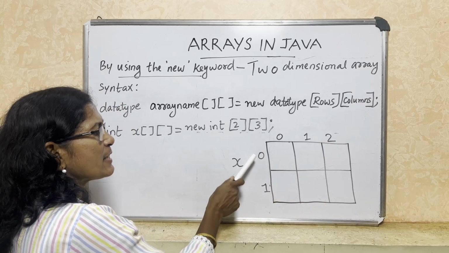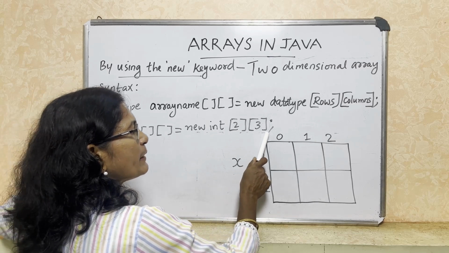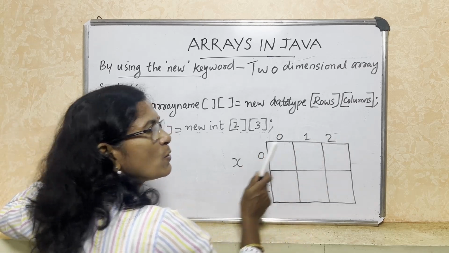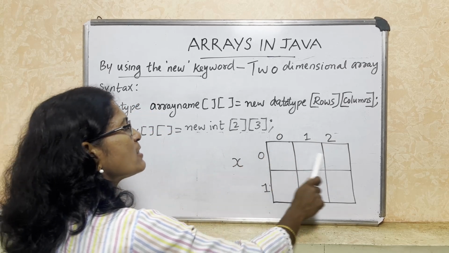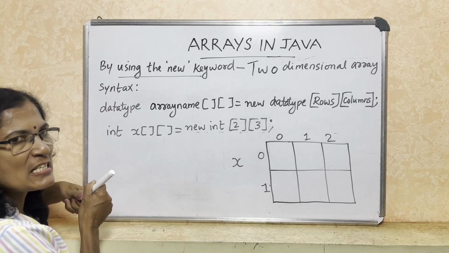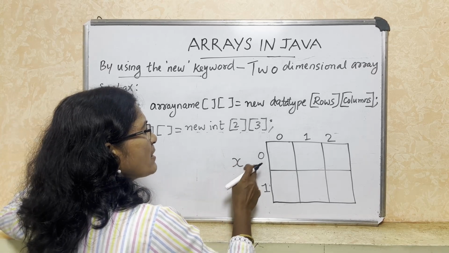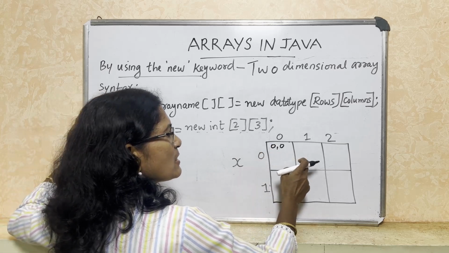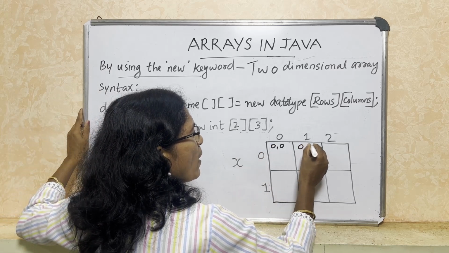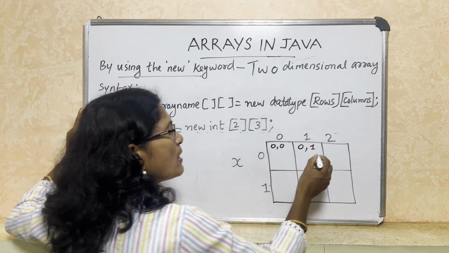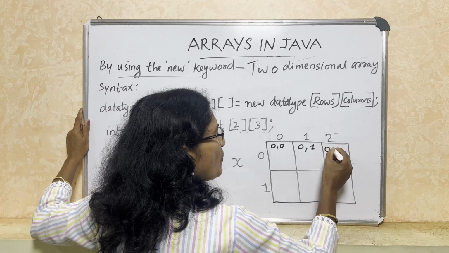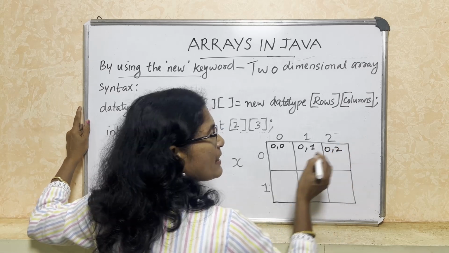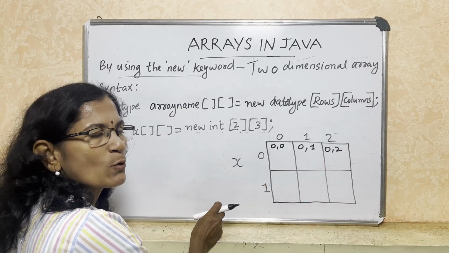Rows are numbered as 0 and 1. Columns are numbered as 0, 1, 2. To assign the data to these storage locations, the first cell is identified by x of 0, 0. The address is 0, 0, and the second storage location is 0, 1 as it is in the first row. The next storage location of the first row is identified by x of 0, 2.